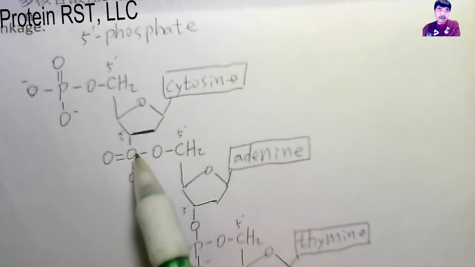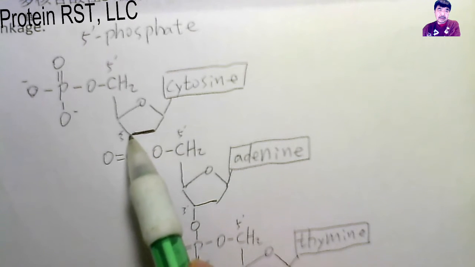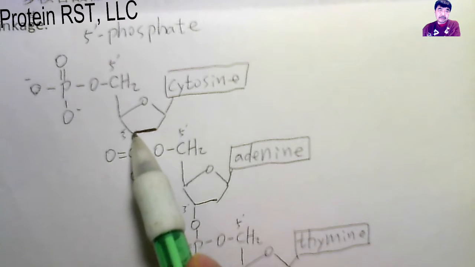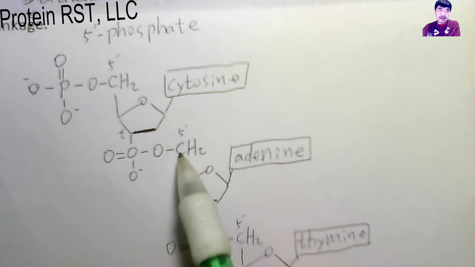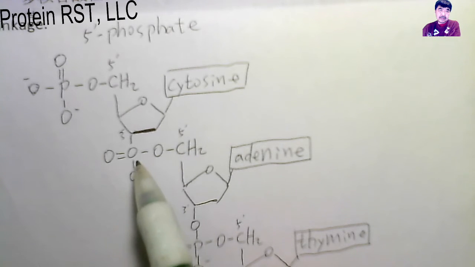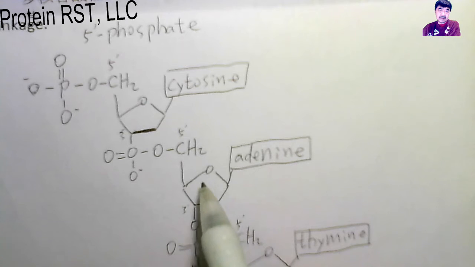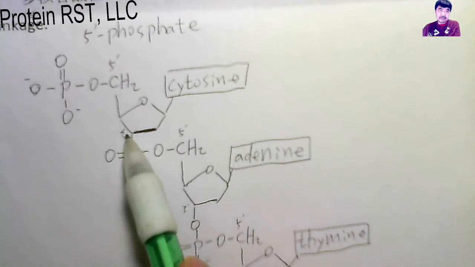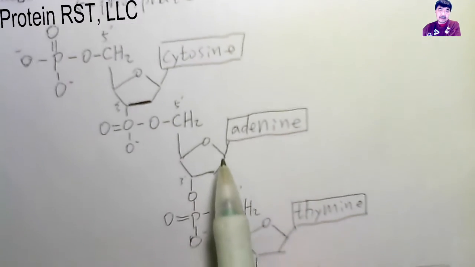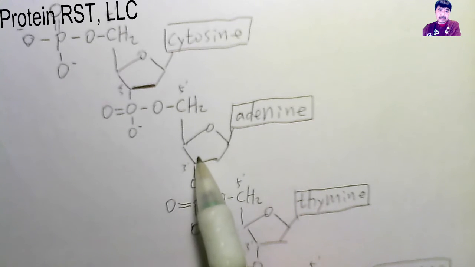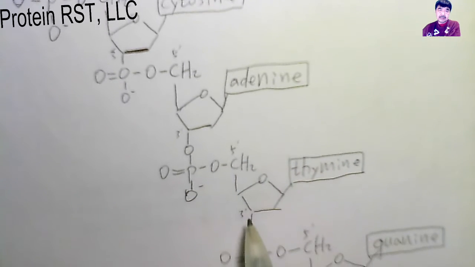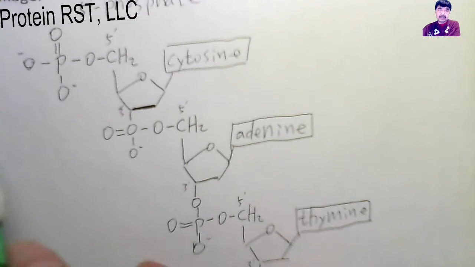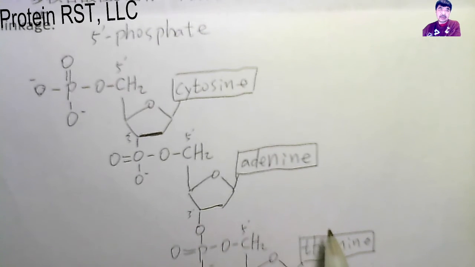There is a 3' hydroxy group that forms a bond with the 5' phosphate of the second nucleotide. This is the new bond here. Then the second nucleotide forms a bond with the third nucleotide here, and so on. This whole chain is called nucleic acid.